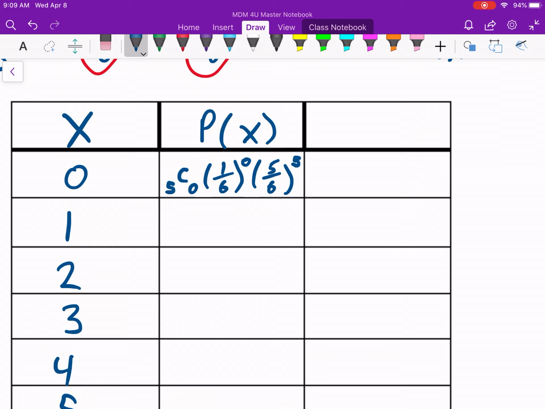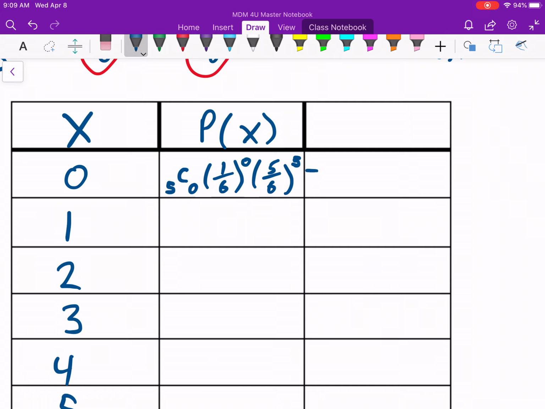So again, this should look really familiar from the binomial theorem that we looked at. So that's how we're going to calculate the probability for getting each one of these. I know that in the past I've used that third column here to show what x times P at x is, but I think I just want to use that space to actually get a decimal answer here.